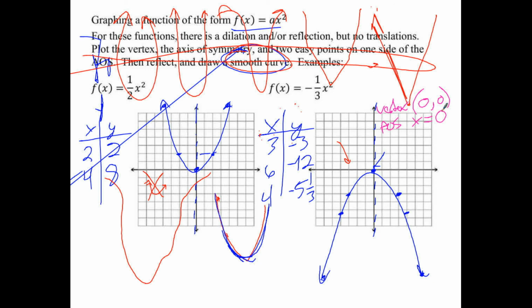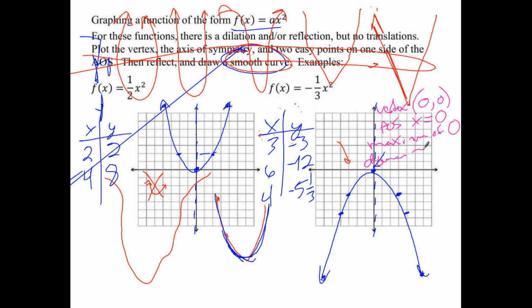Now, do we have a maximum or minimum in this case? The parabola opens down, which gives us a peak. That's a maximum. So we have a maximum of what? 0, the y-coordinate of the vertex. So it's a maximum of 0. Now, what's the domain? Are there any numbers for x that we cannot plug in? No, every single number that there is works.